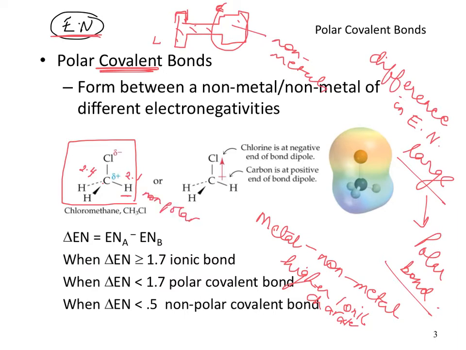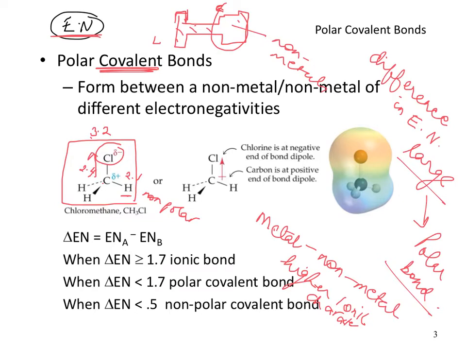On the other hand, on the Pauling scale, chlorine is 3.2. So now between 3.2 and 2.4, there is a difference of electronegativity, which is why we say that the electron density is shifted more towards chlorine.